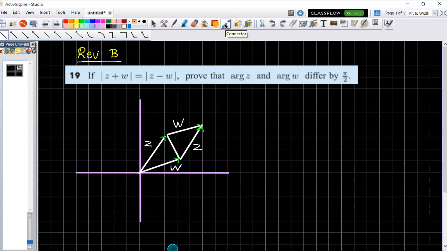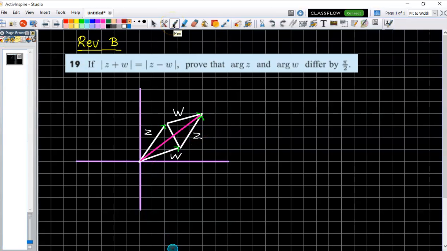I'm going to have this a different colour. Let's go pink. This becomes Z plus W, and then the middle line is Z minus W. And why is your middle line Z minus W?